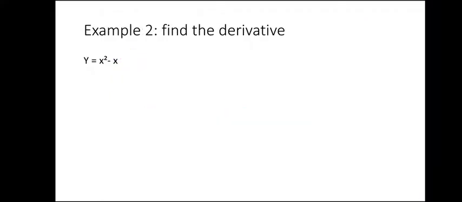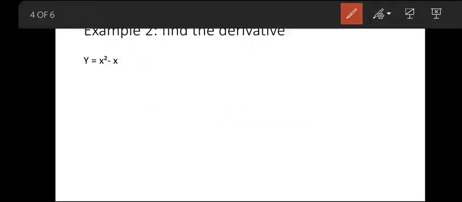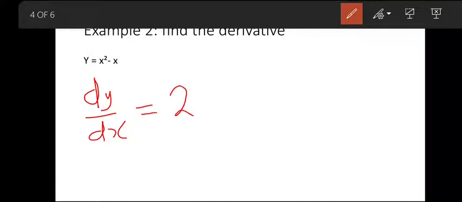Let's have some more examples. From here now, we have to find the derivative of y is equals to x squared minus x. So for y to be equal to x squared minus x, it is now going to be dy over dx is equals to, so the 2 we multiply by the x now, which is now 2 times x. Then we say 2 minus 1.